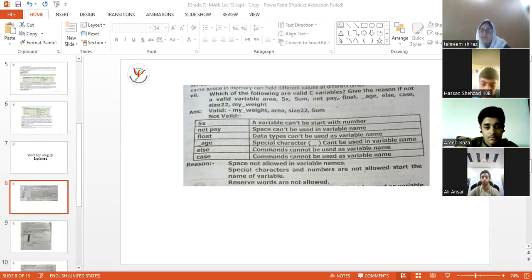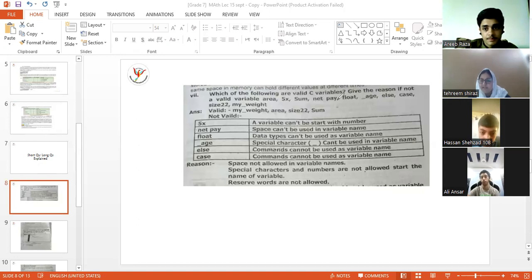So we have to recognize which of the variables are valid and which are not valid. The valid variables are my_weight, area, size22 and sum, right?